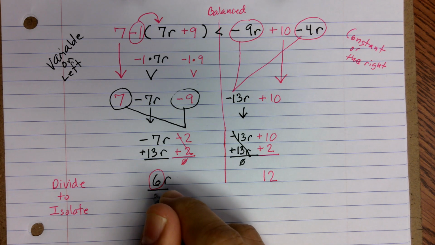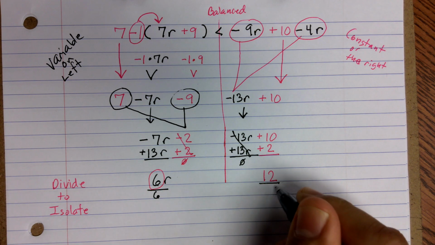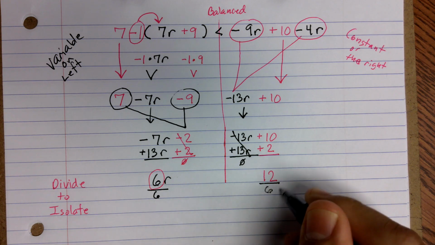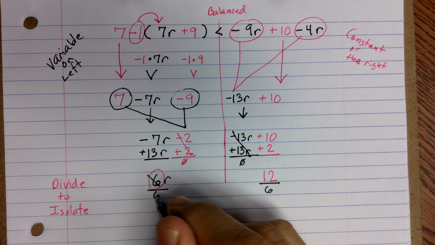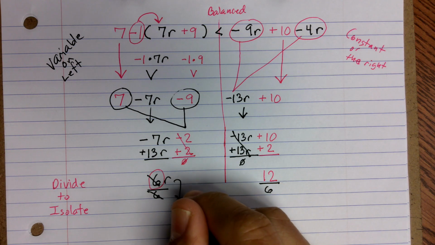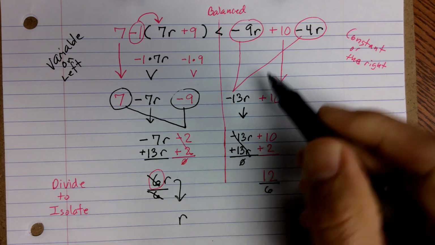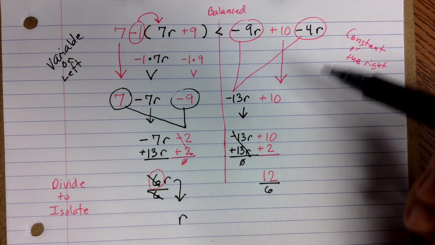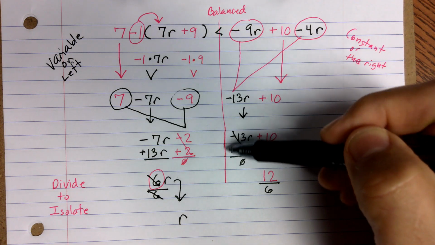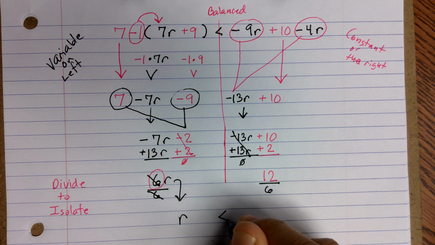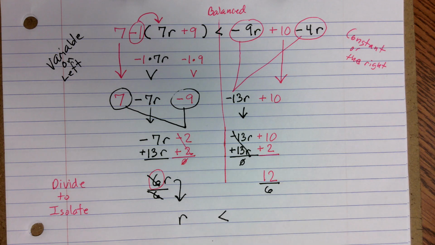In this case it's 6, so I'll be dividing by 6, and I'll have to do the same to the right so that we keep everything balanced. 6 goes into 6 one time. That simply leaves me with r. Since I didn't divide by a negative value, I'm going to just bring my inequality symbol down. So it's going to be r is less than, and 6 goes into 12 two times.